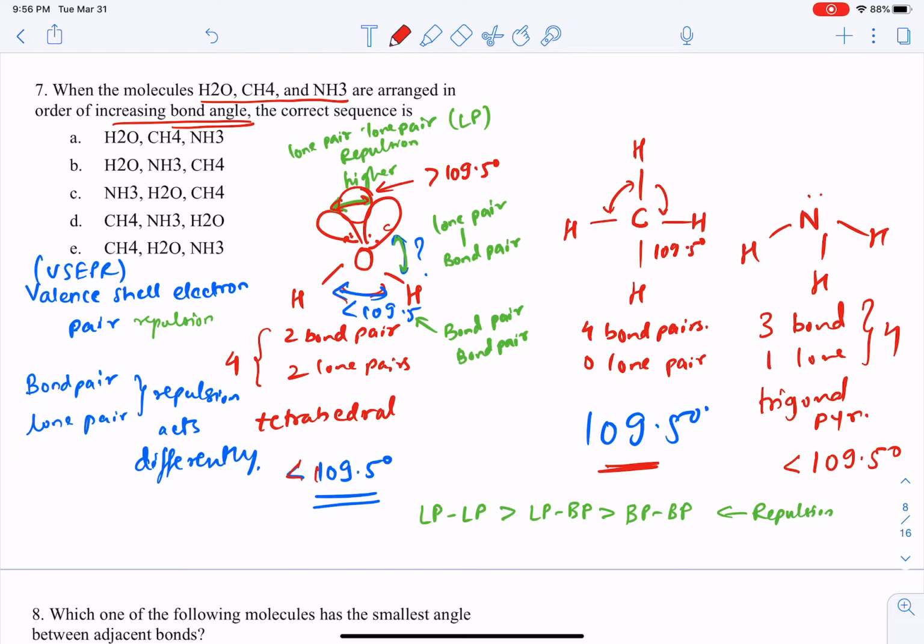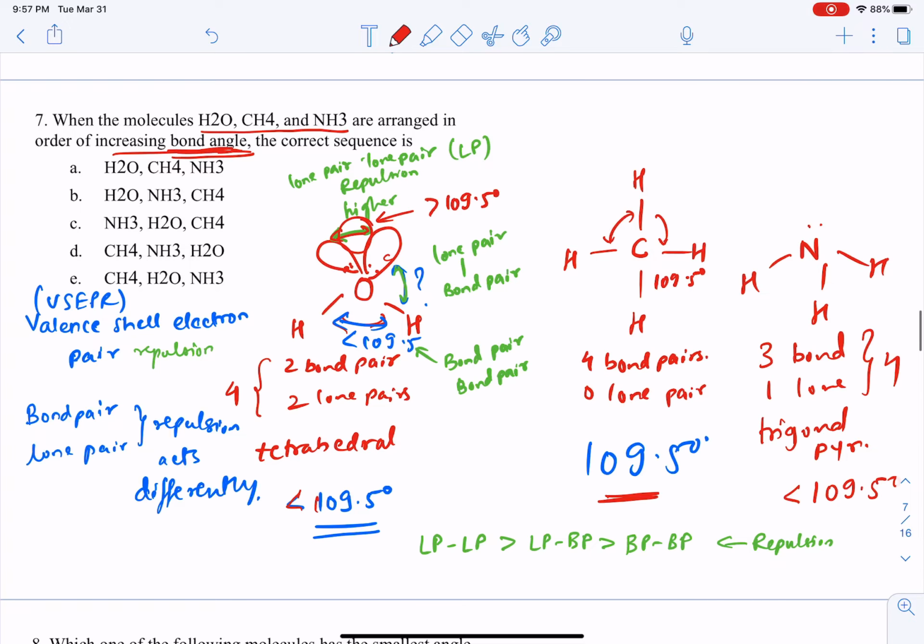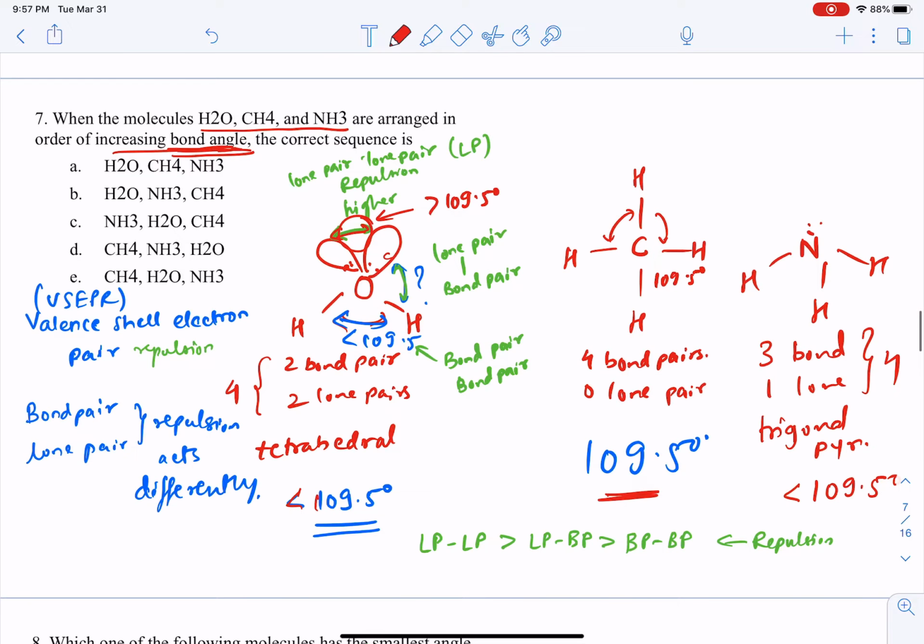So now what was asked was to arrange in order of increasing bond angle. Okay, so here the bond angle in H2O is much greater than the bond angle in CH4. Now checking for NH3, here we just have one lone pair, so the repulsion is higher compared to a bond pair. Okay, let me change the color again.